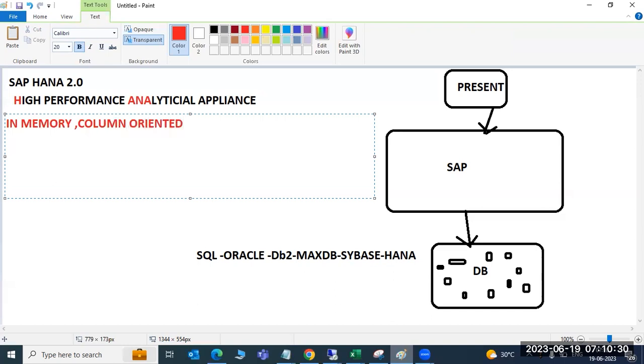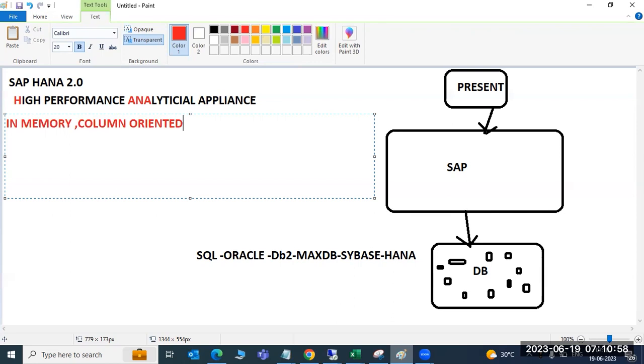Normally other databases store the data at row store level; a table has column stores and row stores, right? Columns and rows. But in the HANA database, it will store only column oriented.